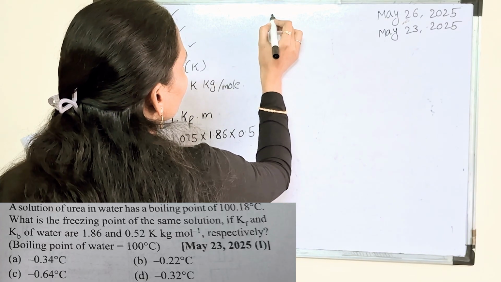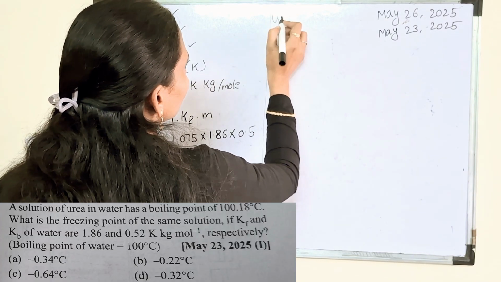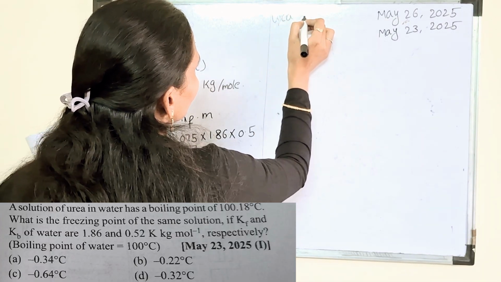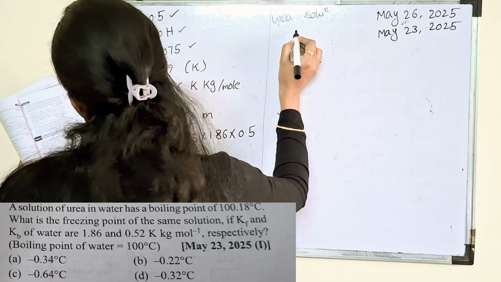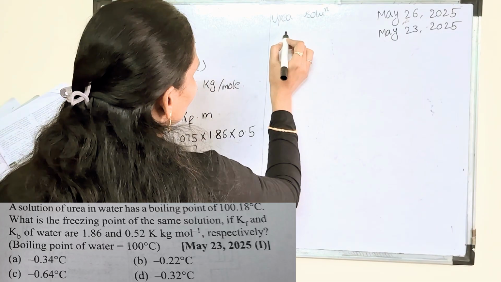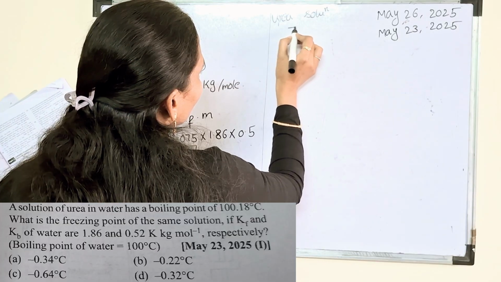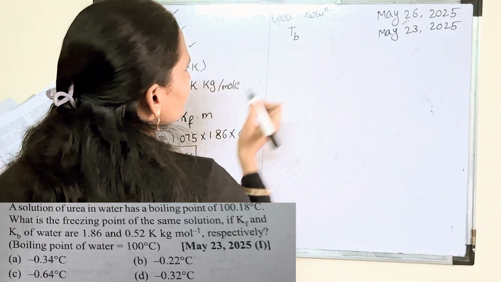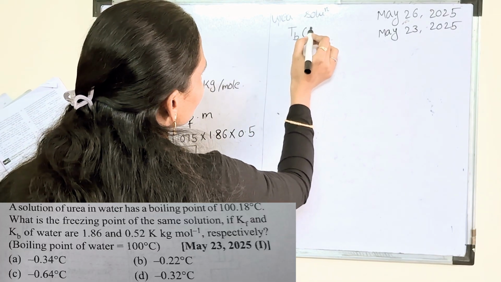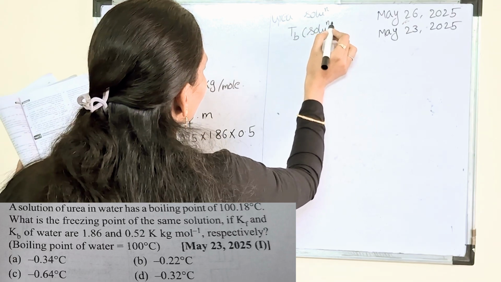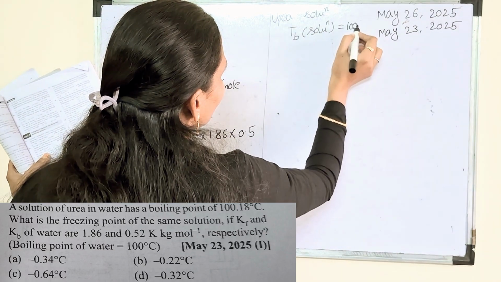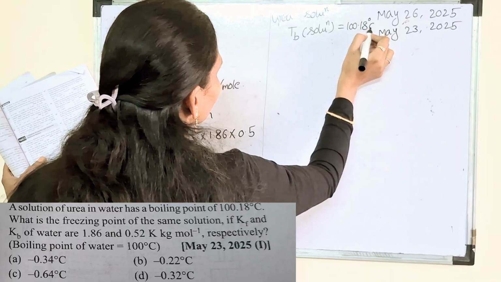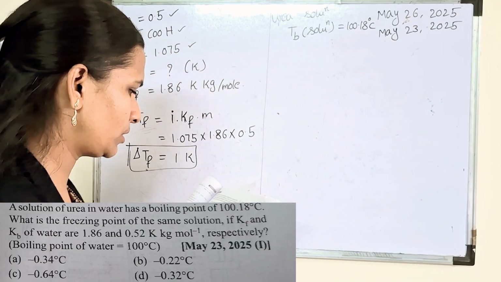Urea solution is given, and the boiling point is given. The boiling point is represented by Tb. The boiling point of the solution given is 100.18 degrees Celsius.